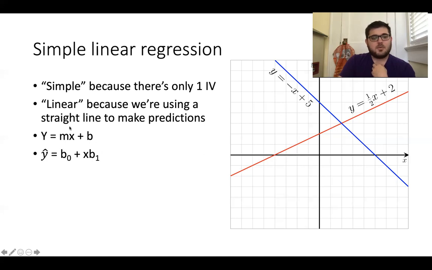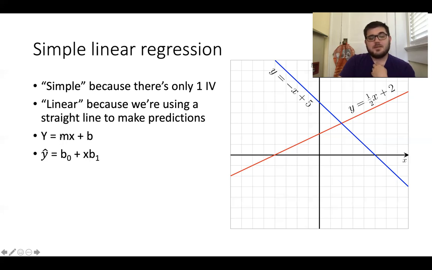And with some slight rearranging, instead of y equals mx plus b, you have y hat, which just means my predicted y value, equals b sub 0 plus x times b sub 1. b sub 0 is the intercept and b sub 1 is the slope.